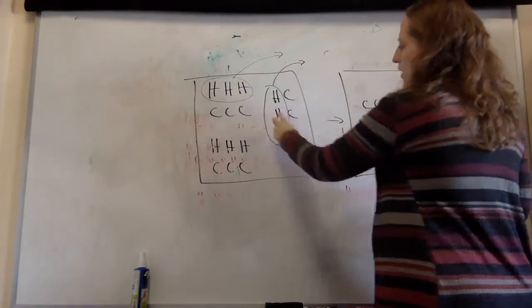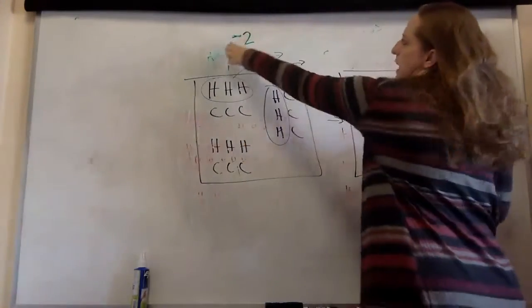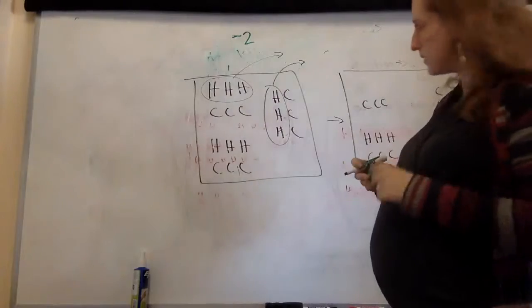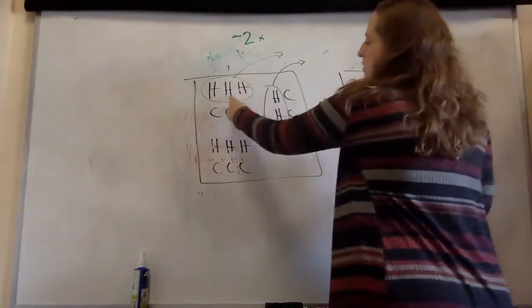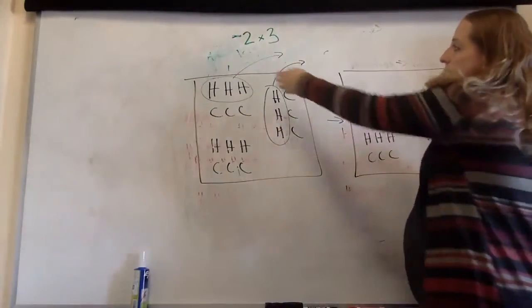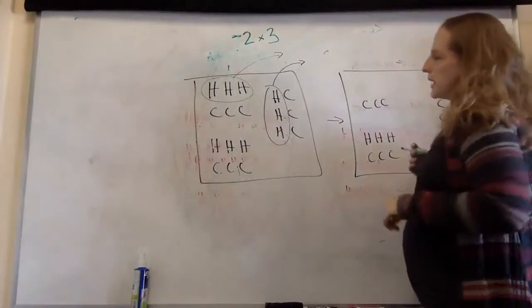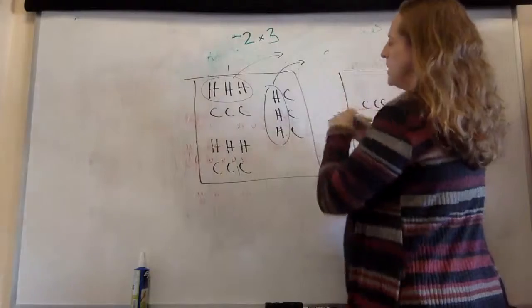Looks like I'm taking out 2 bundles. So -2 is taking out 2 bundles of, each bundle has 1, 2, 3 hot cubes in it. So here's the start of my multiplication sentence. Taking out 2 bundles of 3 hot cubes each.